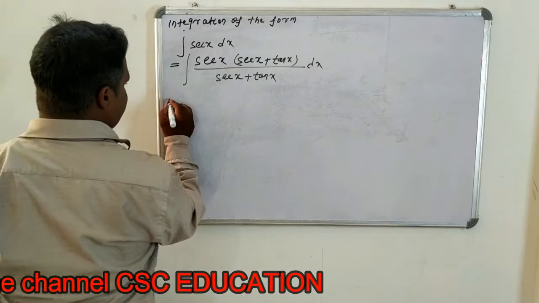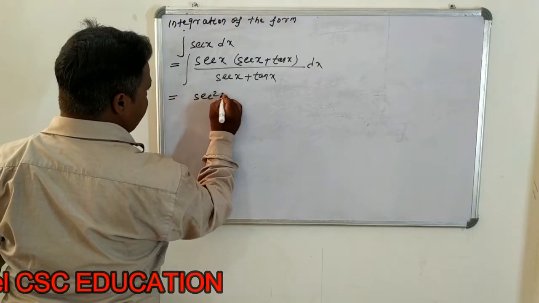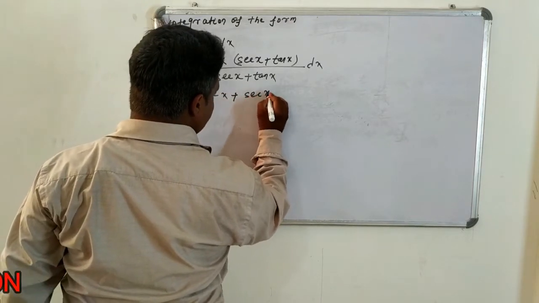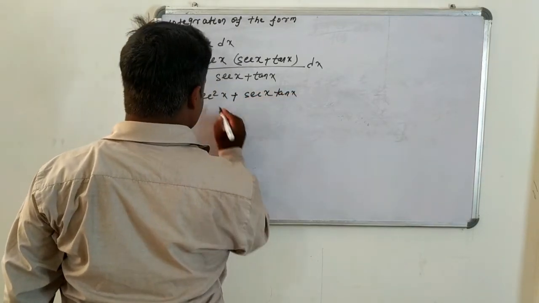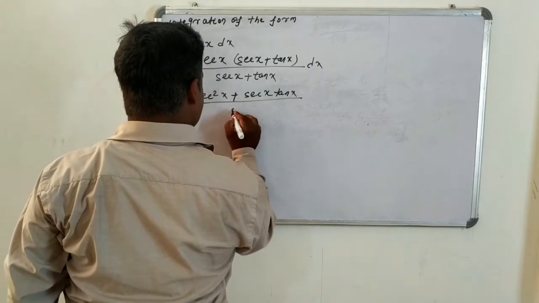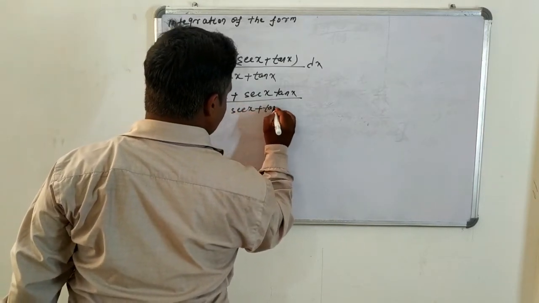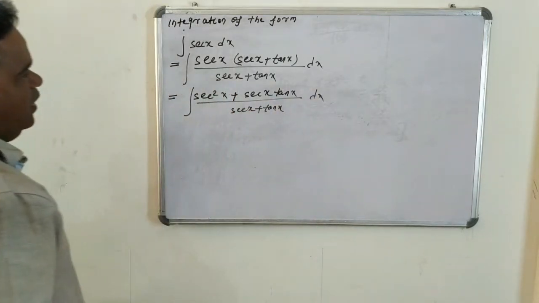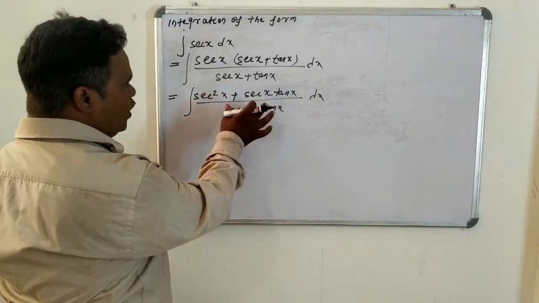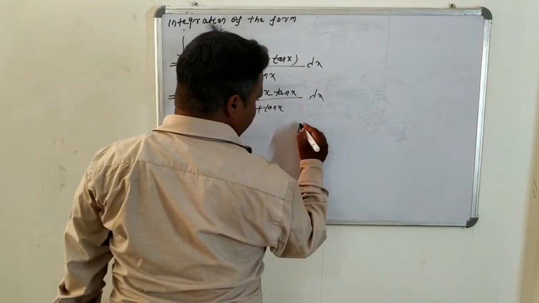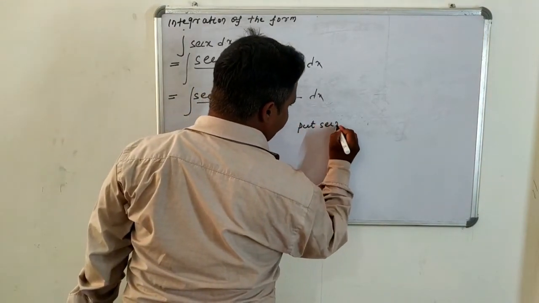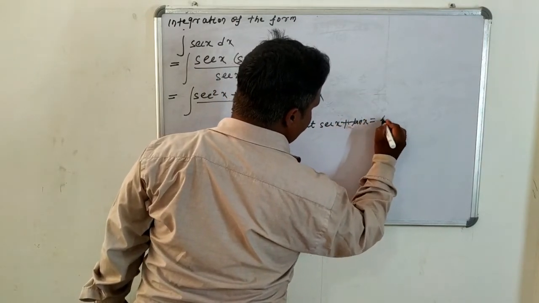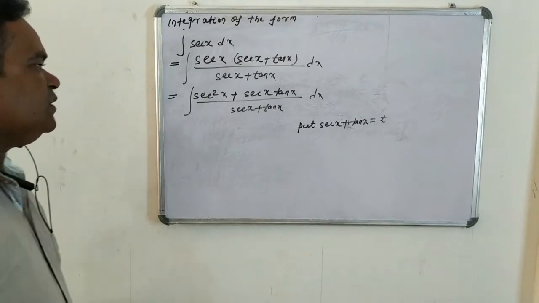Now this value equals sec square x plus sec x tan x over sec x plus tan x, dx in the integration. Now in the lower part, I put sec x plus tan x equal to t. Here t is a function of x.